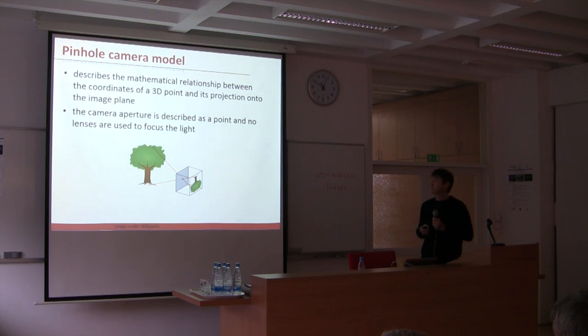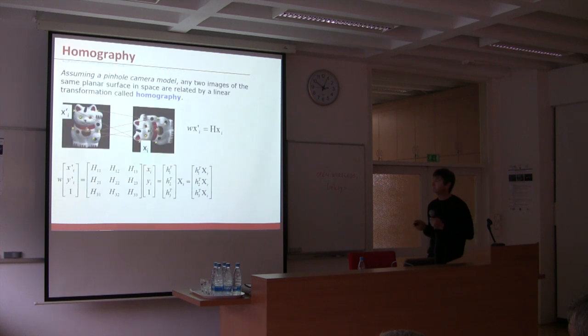But for us, it's more a mathematical model that describes the relationship between the coordinates of a 3D point and its projection onto the image plane. So we use this mathematical model to simplify our problems so that we can deal with them in linear terms. And now that we know about this model, we can also define the homography.